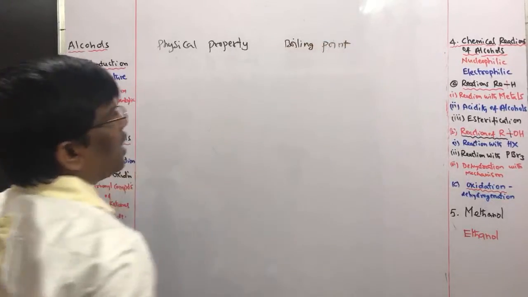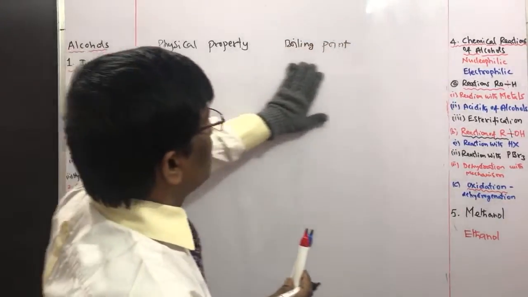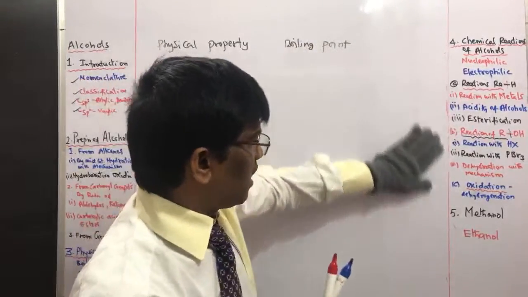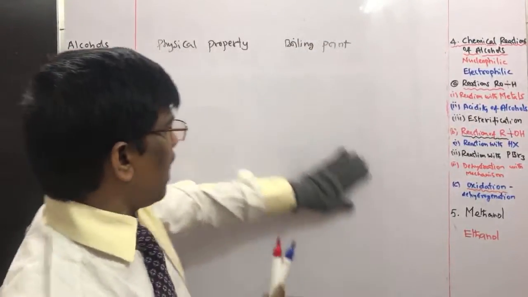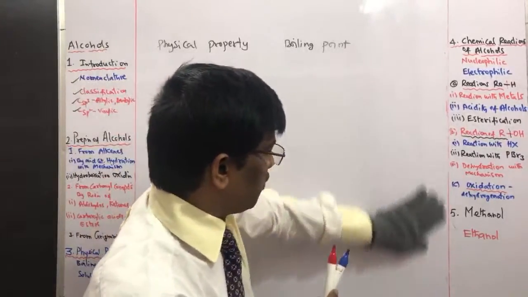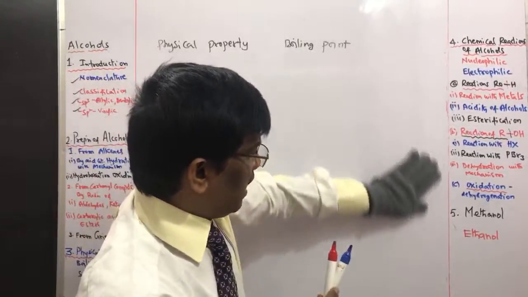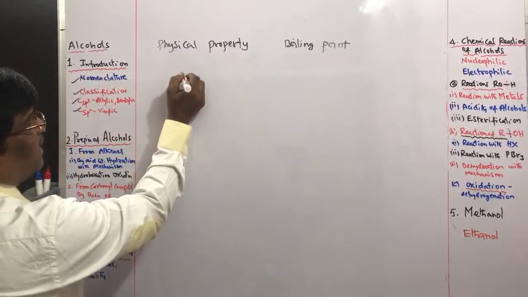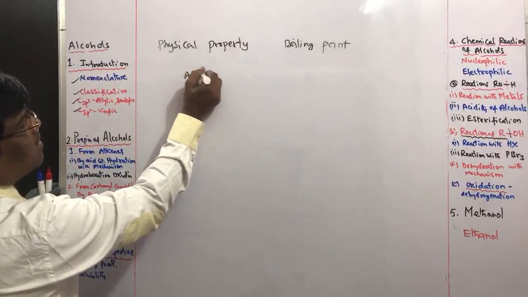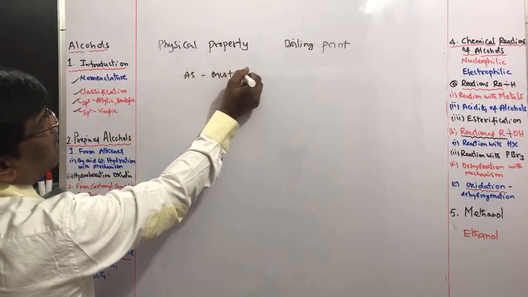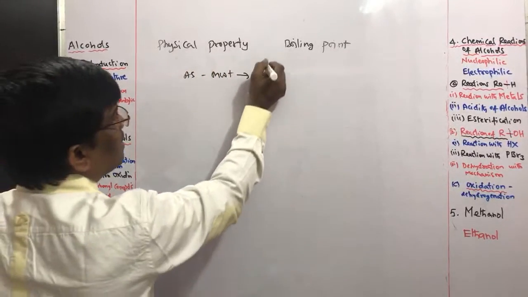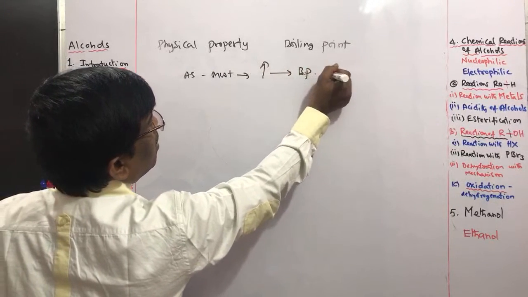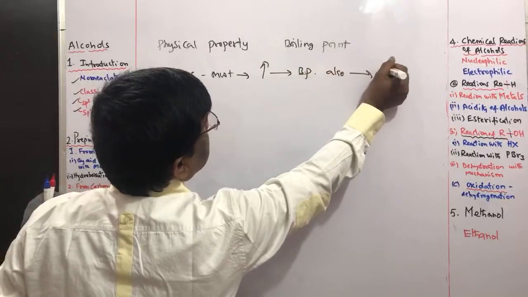When it comes to boiling point, the general trend, what we learned with respect to alkenes, alkynes, aryl compounds and alkyl halides, is that as the molecular weight or carbon chain increases, boiling point also increases.